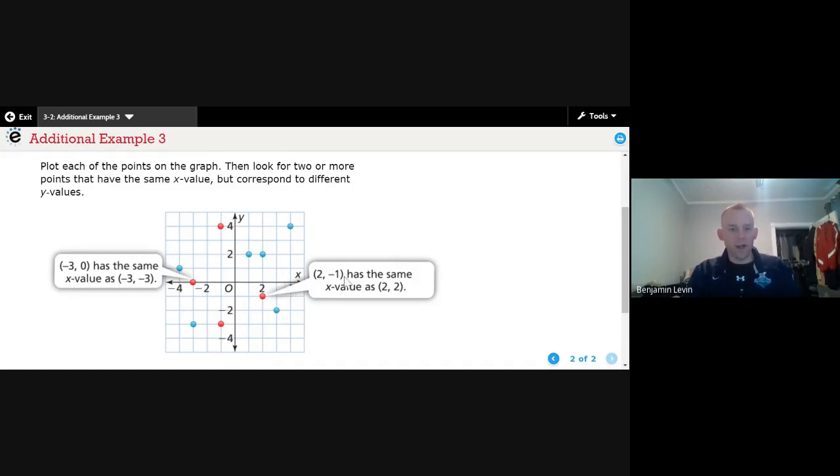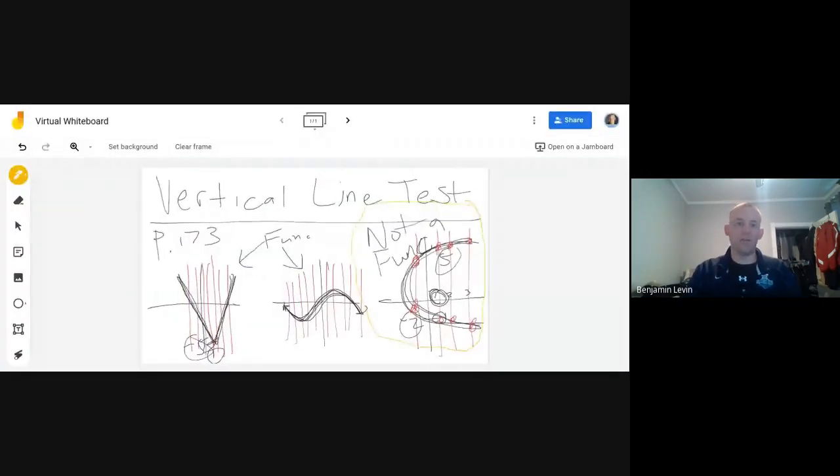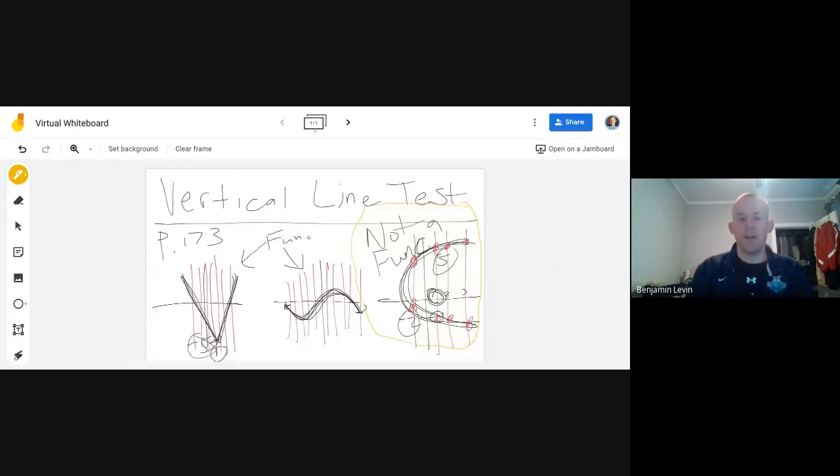The way they graph this and explain this is a little confusing, but hopefully the vertical line test really helped you guys understand what's going on here. Like if I have a function, and I'll go back to this and share my screen from when I was drawing, right? We draw these vertical lines, and just remember, when we start drawing vertical lines on this graph, if the vertical lines only cross at one place, it passes the vertical line test.